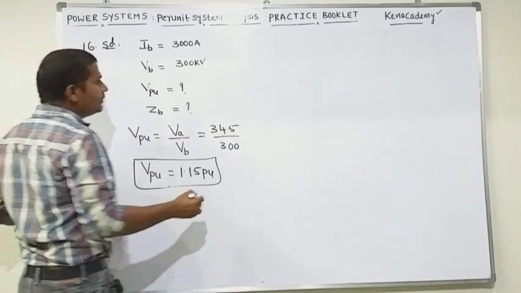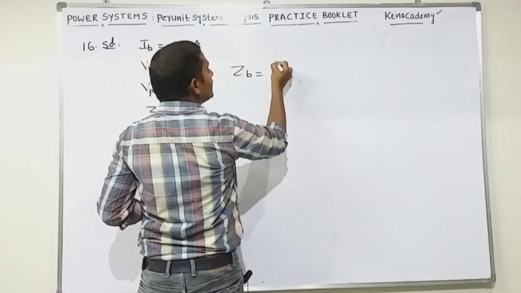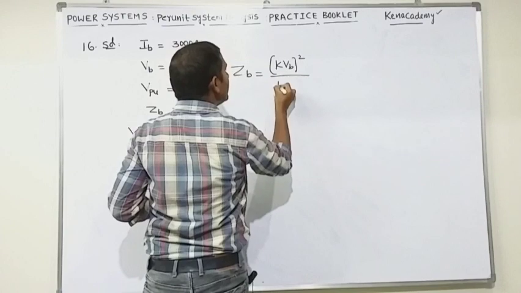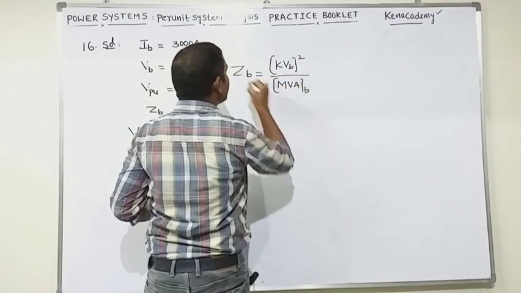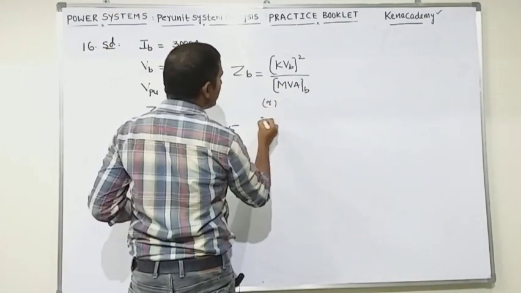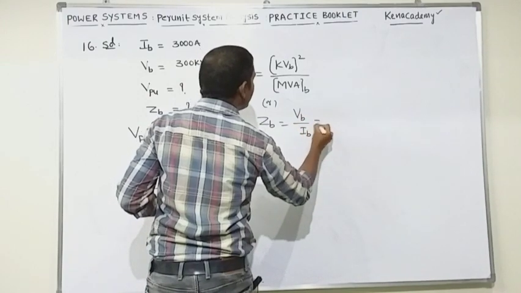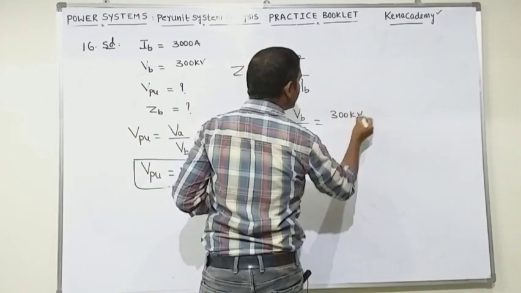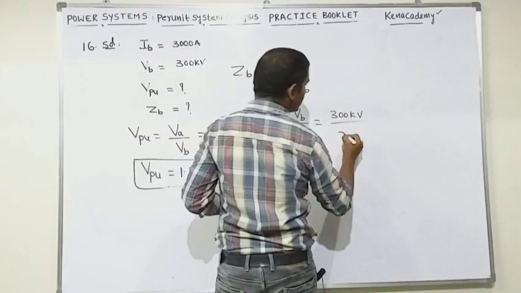Then how to calculate base impedance? One formula for base impedance is base voltage squared by base MVA, but apparent power ratings are not given, so we don't apply this formula. One more formula: base impedance equals base voltage by base current. Base voltage is 300 kV and base current is 3000 amperes.